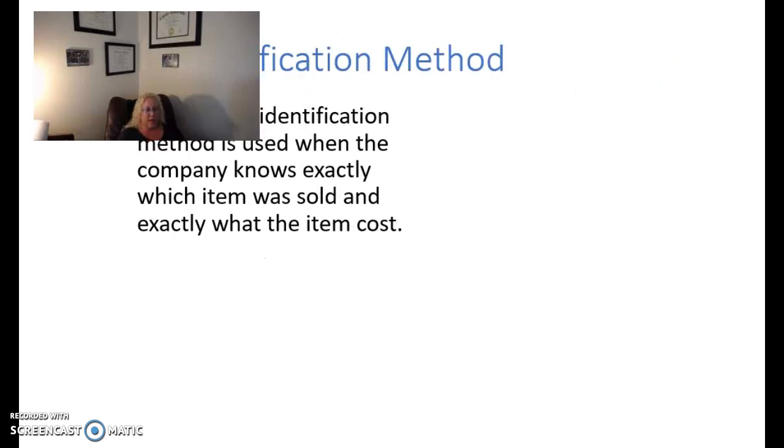The specific identification method is an inventory costing method that's based on the specific cost of particular units of inventory. The specific identification method is dependent on being able to identify the specific cost associated with each individual item in the inventory. This is the most efficient way when each item in inventory is unique and has a unique identifier. So some examples would be things like automobiles.